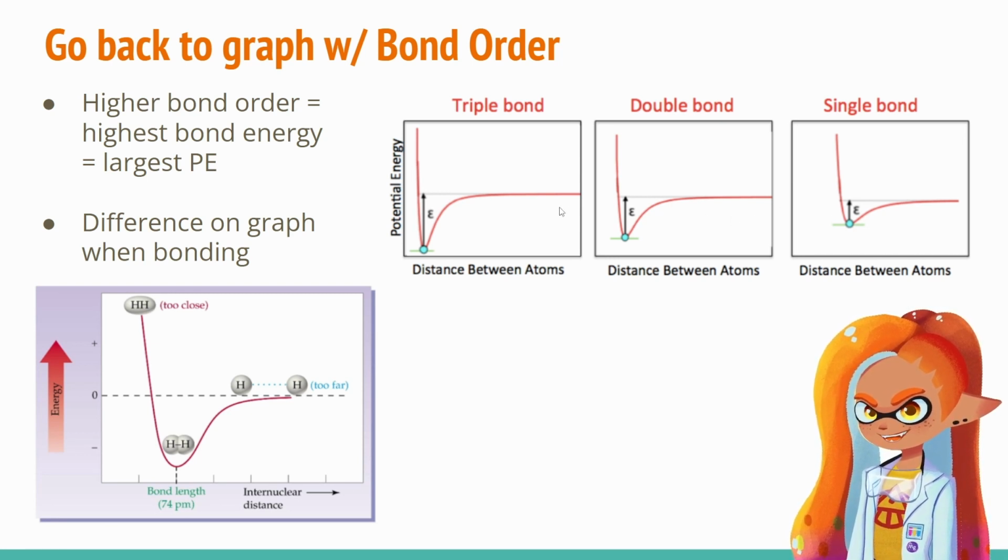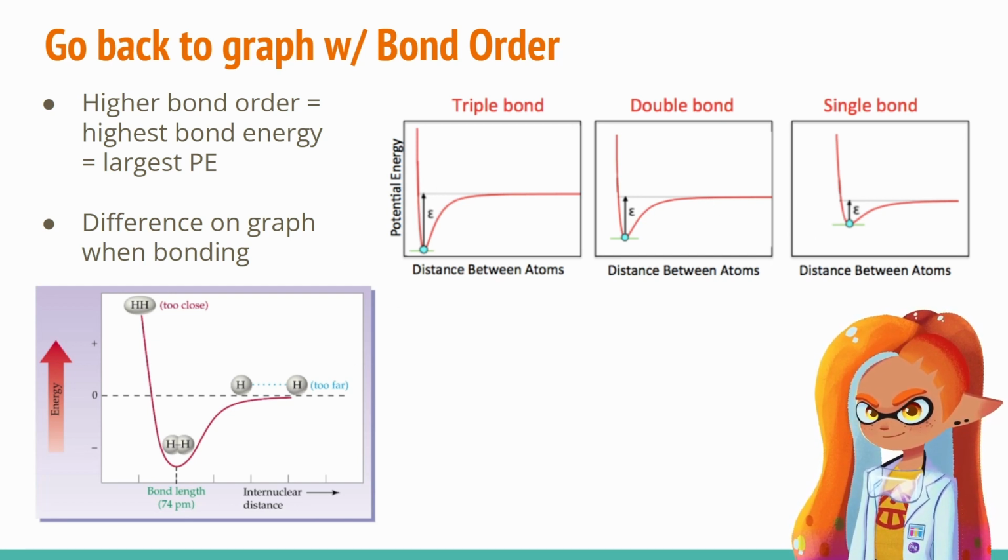Again, these are the same graphs as earlier, just with less information on them. You can see this triple bond, the potential energy is huge. There is a lot of distance between the 0 mark and wherever it designates, versus a double bond is slightly higher and a single is even higher. So you can see the differences between those there.